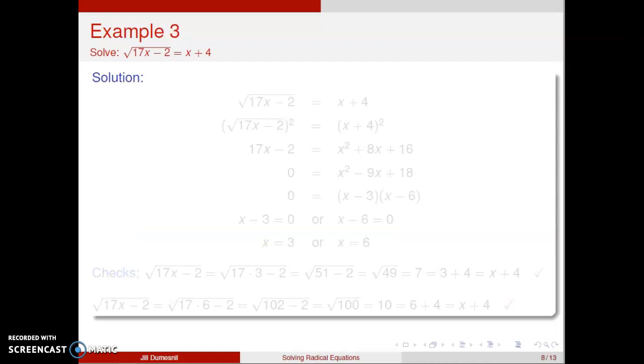For our third example, consider the equation square root of the quantity 17x minus 2 equals x plus 4. The given equation does have the radical expression isolated, and we want to square both sides to eliminate the square root. We have to remember that to square a binomial means to multiply it by itself using the distributive law or the FOIL method.